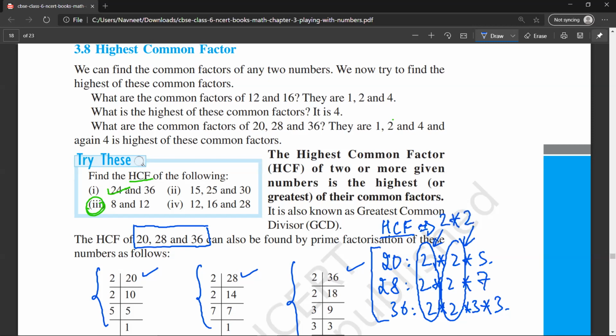Okay. Now, what we need to understand is, here is the confusion that we need to understand. So let us take the example of 20, 28, and 36.